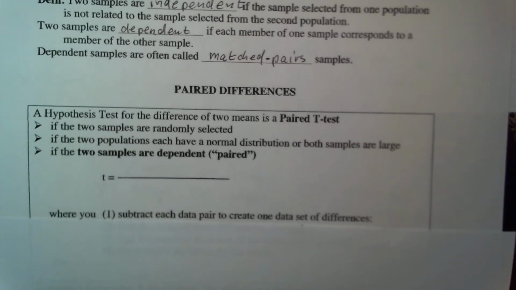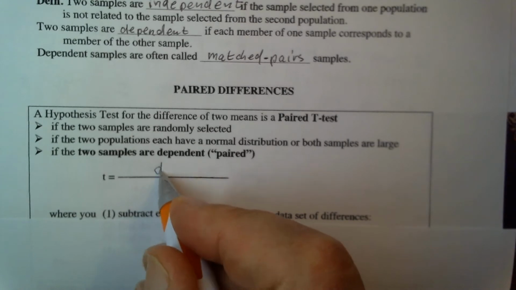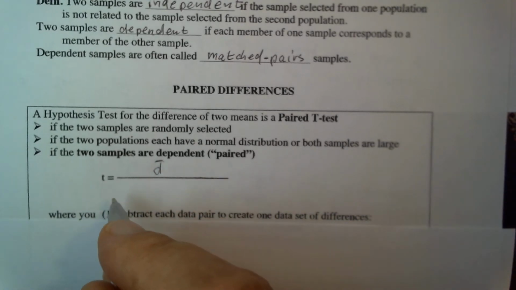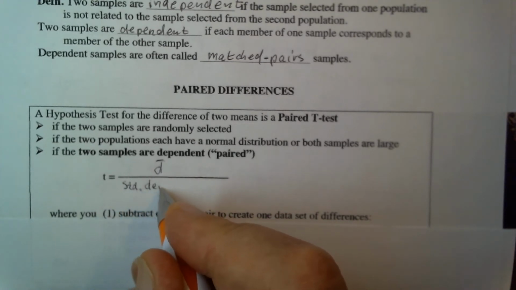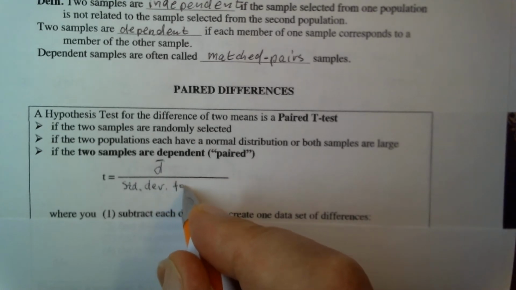So here the test statistic t is d bar divided by the standard deviation for the test.